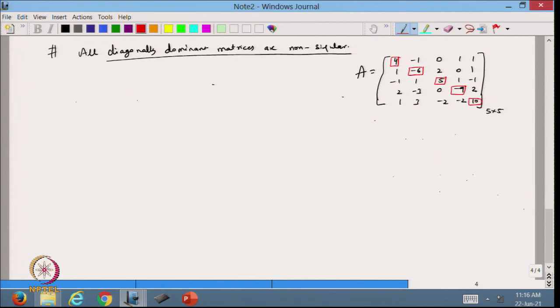So, this matrix is a diagonal dominant matrix, and from there I can say that this is a non singular matrix. That is the benefit of checking the diagonal dominance, because once we get that the matrix is diagonally dominant, then easily we can say that this is a non singular matrix.